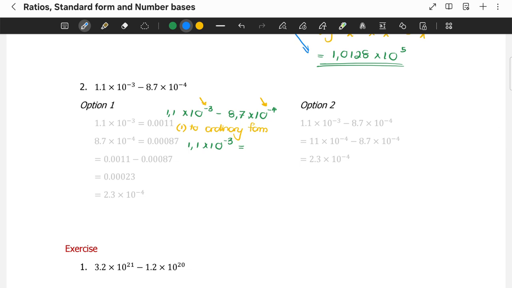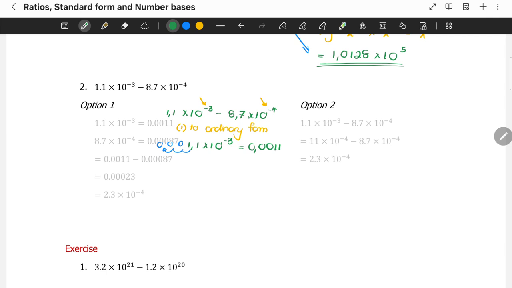Now we have to move it to the left 3 places. So again, it's going to move 1 place, 2, 3, such that we are left with 0.0011.